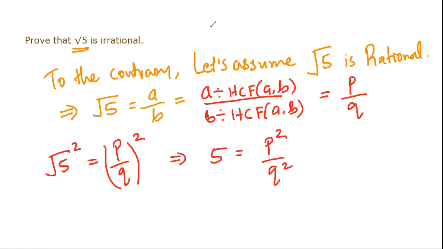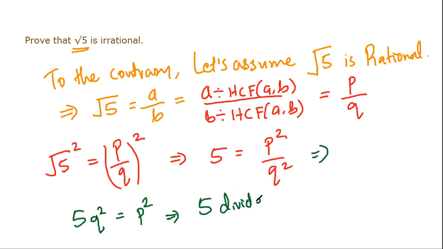In the next step, I am rearranging this as 5q square is equal to p square. That means 5 divides p square, which means 5 divides p, so 5 is a factor of p.